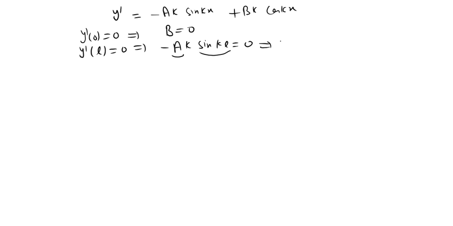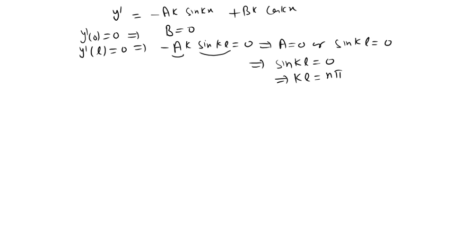So this implies a equal to 0 or sin kL equal to 0. If a is 0, b is 0, so you got only the trivial solution. So we can take sin kL equal to 0. So this implies kL equal to n pi. Okay, so k equal to n pi by L.